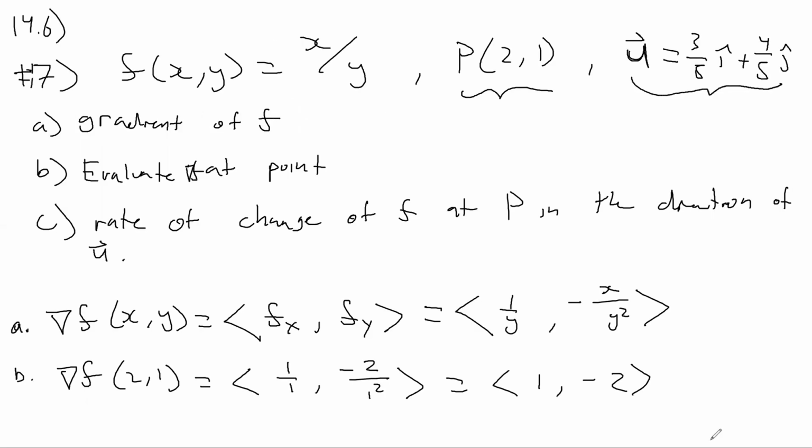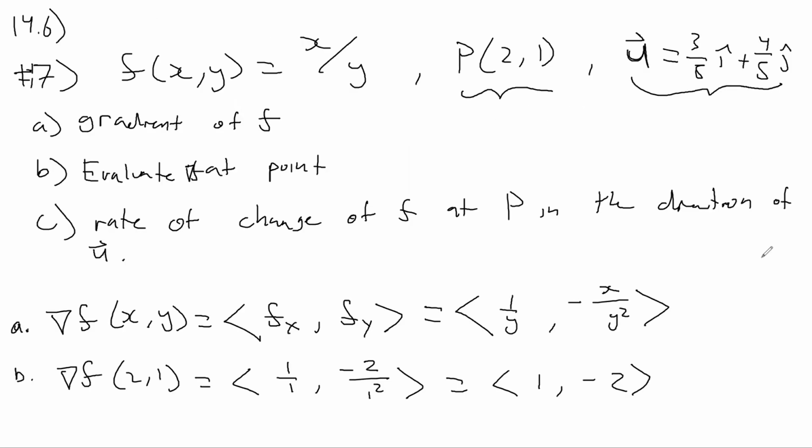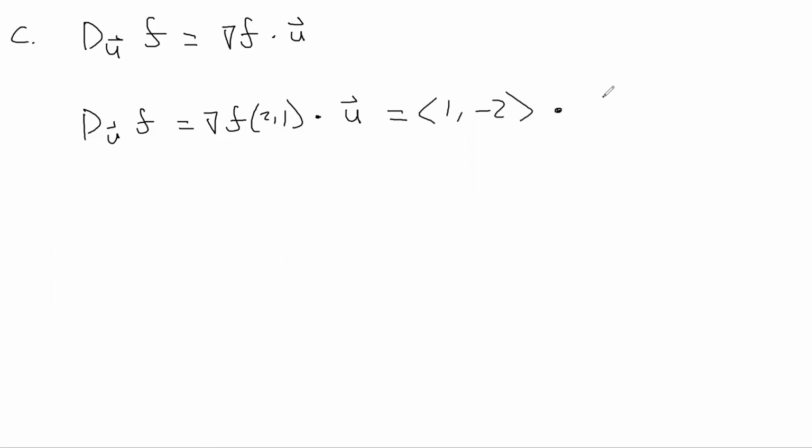So that's the vector (1, negative 2) dotted with this vector right here. I'll write it in vector notation: (3/5, 4/5).